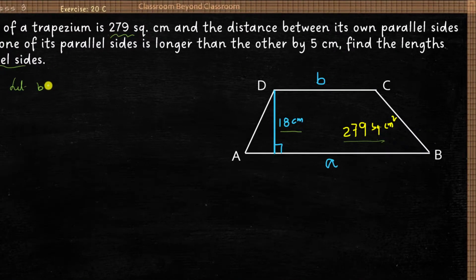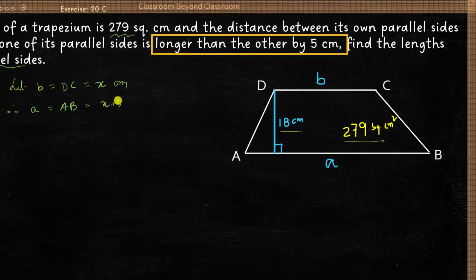Let side DC is equal to b, b is equal to DC is equal to x centimeter. Therefore, side a, that means side AB, is equal to x plus 5 centimeter.